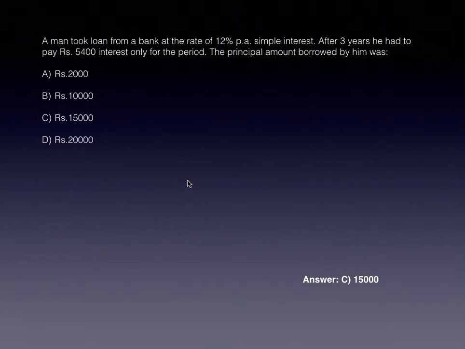The principal amount borrowed by him was: option A 2,000, option B 10,000, option C 15,000, option D 20,000.